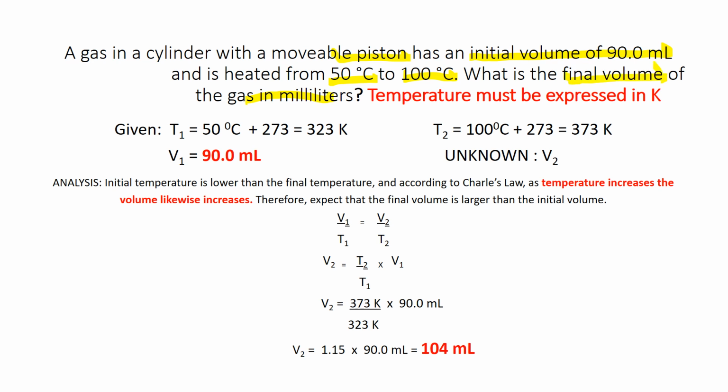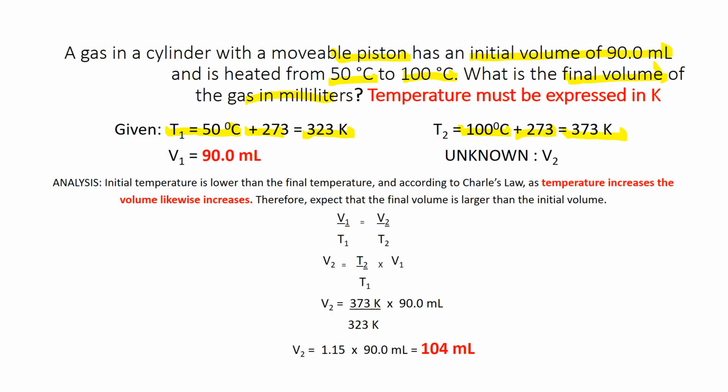So the given are T1, which is 50 degrees Celsius, but it should be expressed in Kelvin, so plus 273 equals 323 Kelvin. T2 is 100 degrees Celsius, but again, it should be in Kelvin, so adding 273 gives you 373 Kelvin.